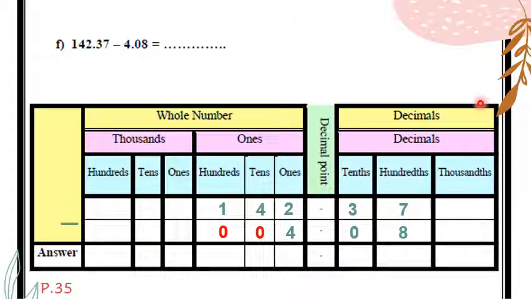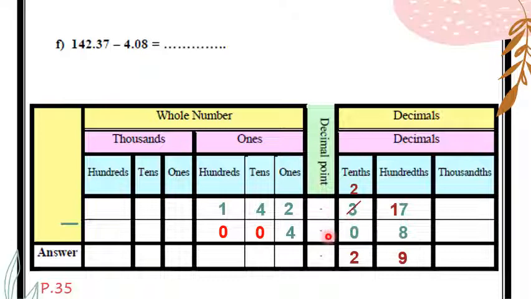Then I will start the subtraction from the right side. Can I subtract 8 from 7? Of course not, because 7 is smaller. So I will cross out 3. 3 will be 2, and give 1 to the 7. So it will be 17. Now 17 is bigger than 8. So 17 minus 8 will be 9. 2 minus 0 equals 2.